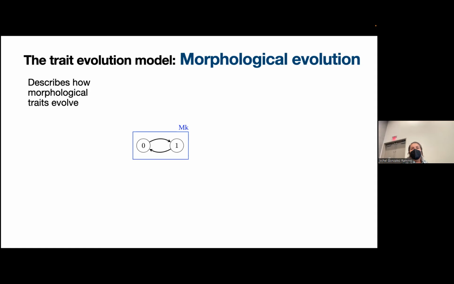By looking into the evidence, how many times that particular morphology has changed, we'll be able to estimate the rates of change through time. That's what we do in many of the so-called comparative methods.